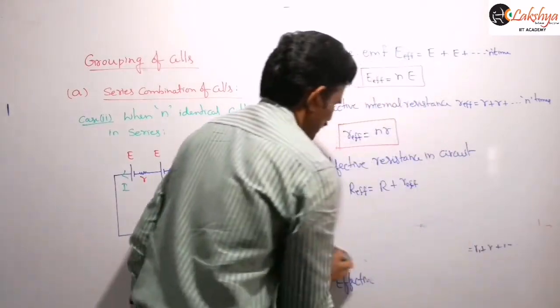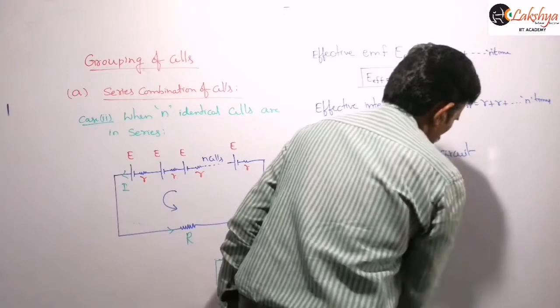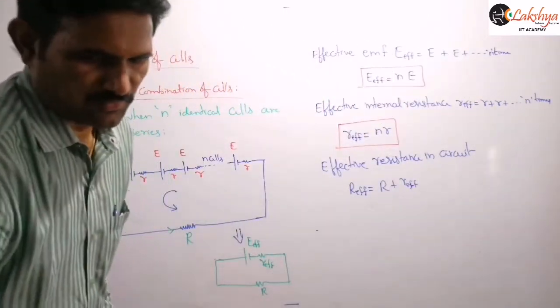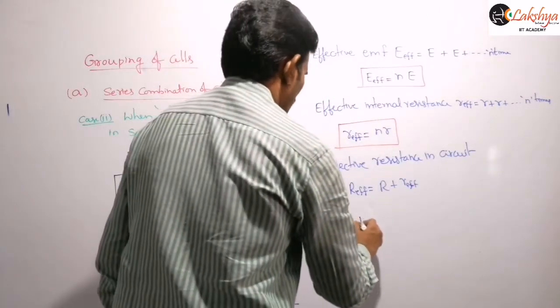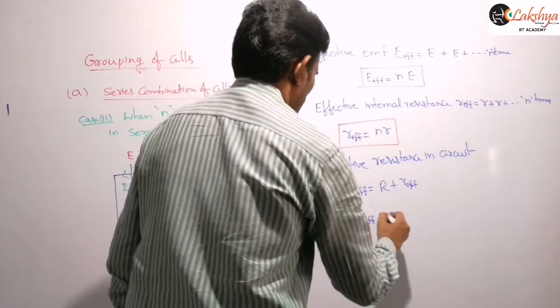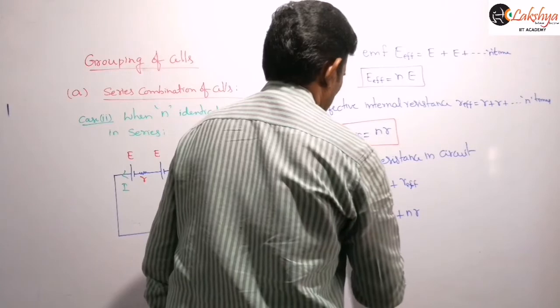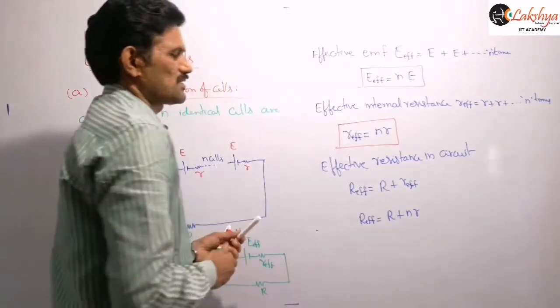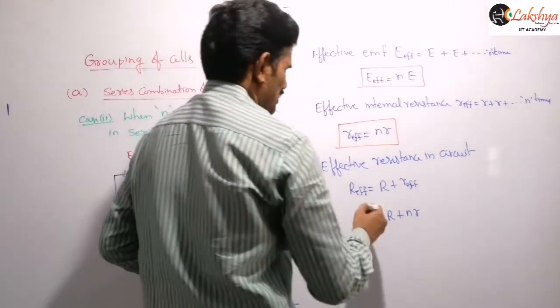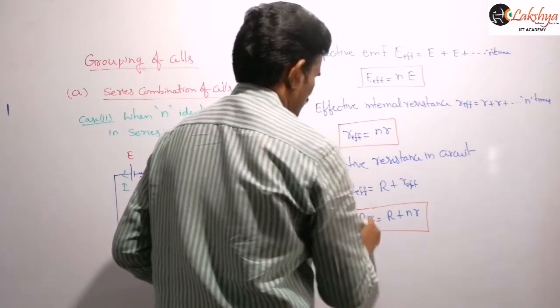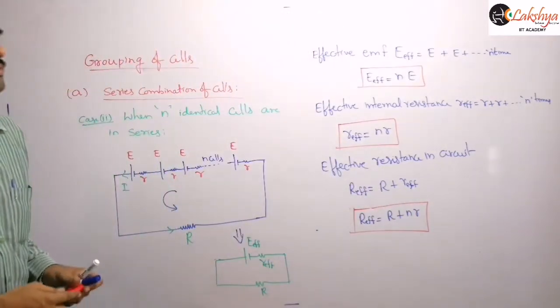Then that r effective is nothing but our nr, so you can substitute that value there. Finally R effective is equal to R plus nr. So that is our effective resistance in that circuit, internal resistance plus external resistance.